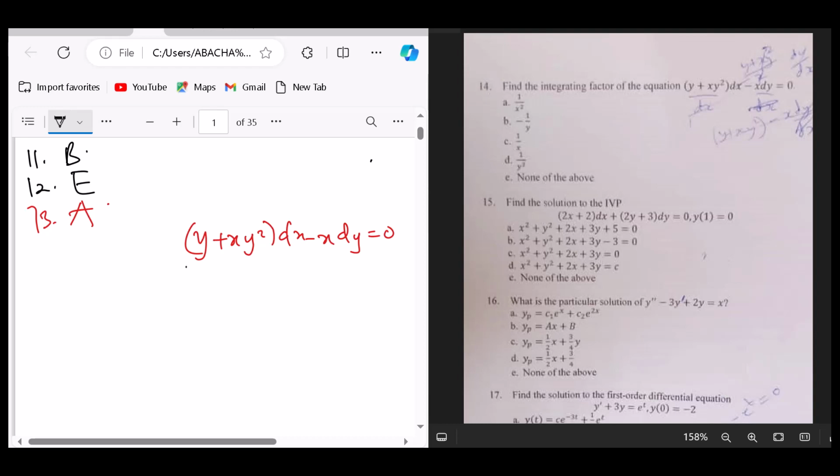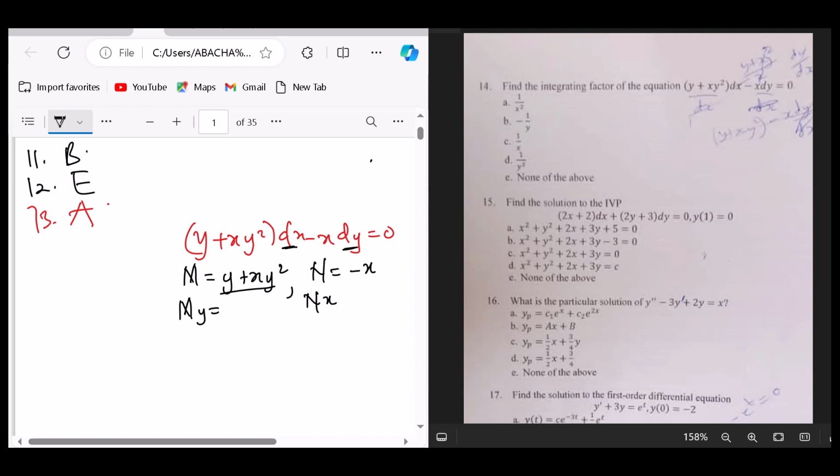Here right now our M is equal to y plus xy squared, and N is equal to negative x. In order to check whether this is exact, we have to find M_y and N_x. M_y means differentiating partially with respect to y.